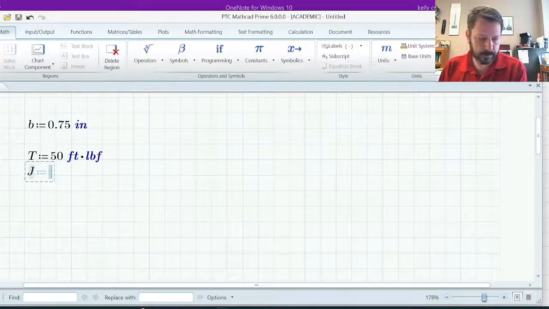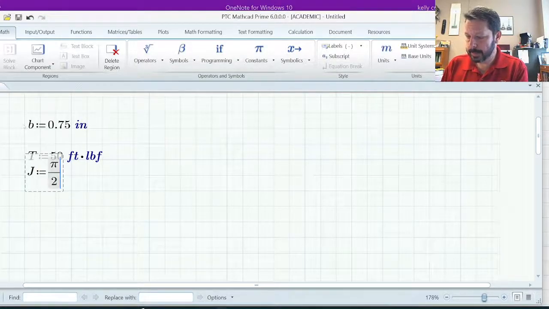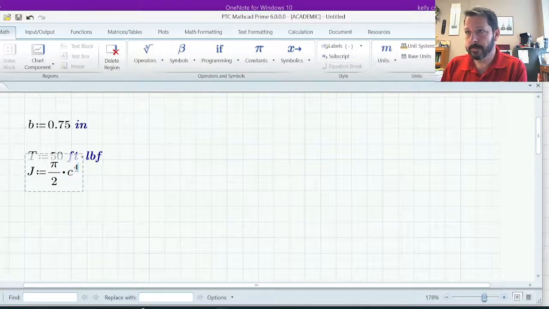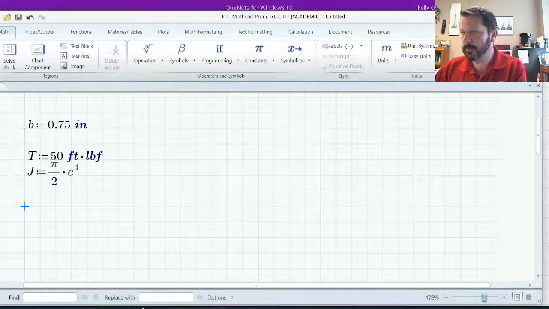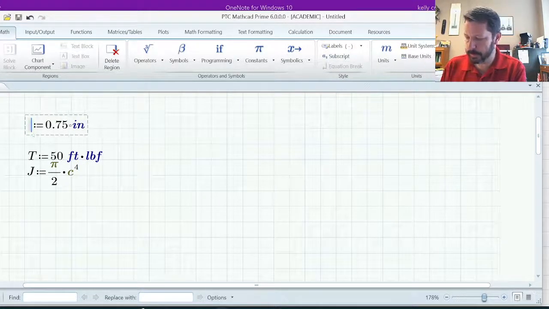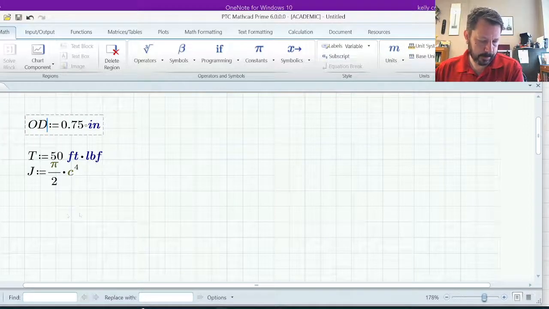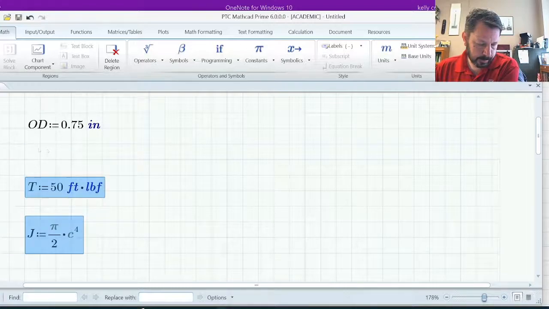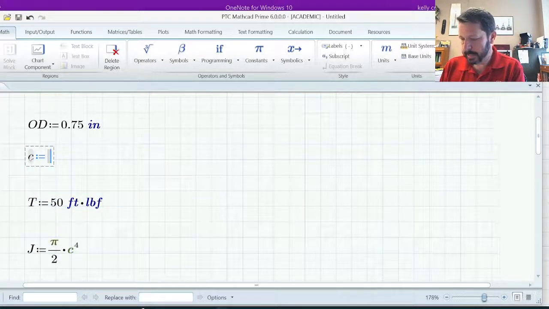Well, actually, I guess we can do it this way. J equals pi over 2 times C to the 4th, which we don't, I wrote B equals, B does not equal that. OD equals that. Sorry about that. And then let's put C is half of OD, the outer diameter.